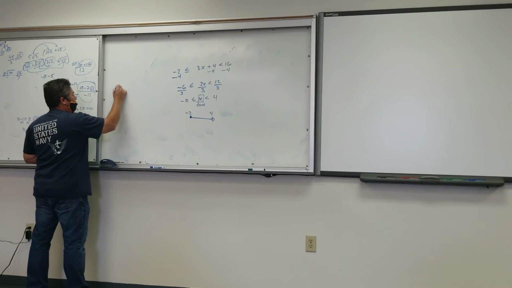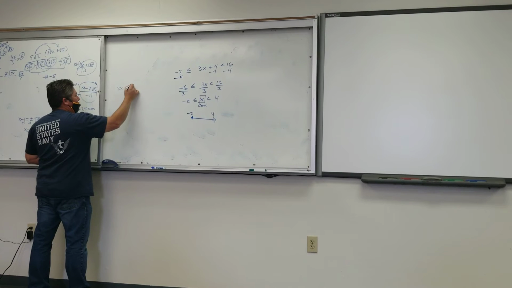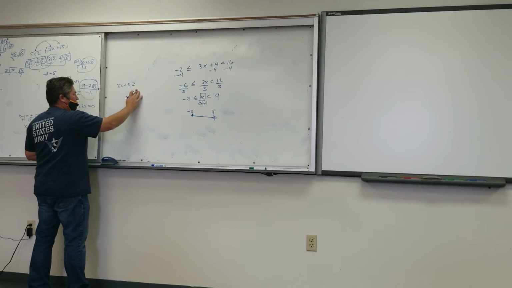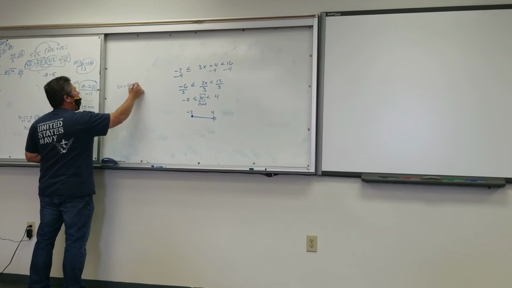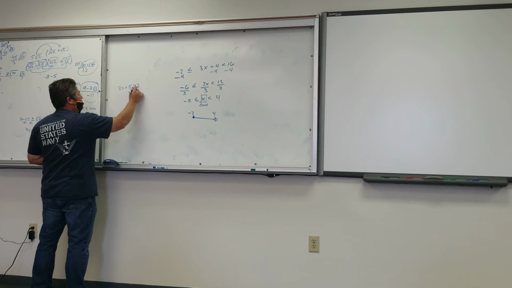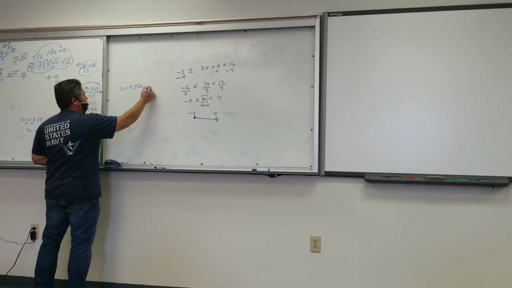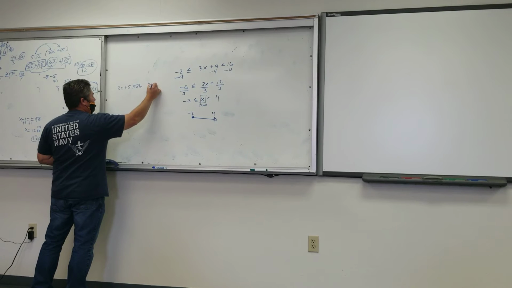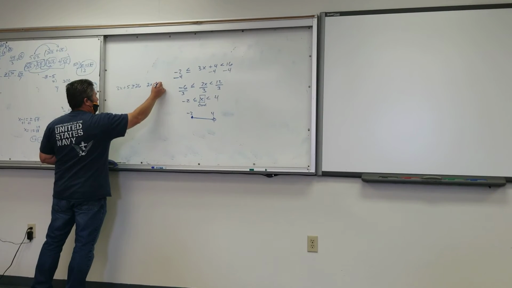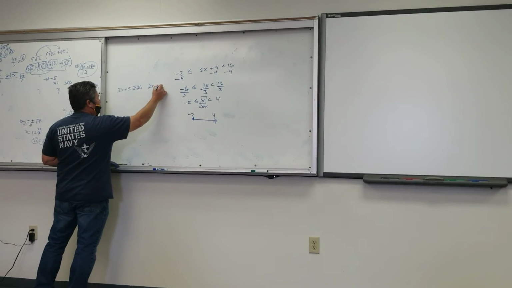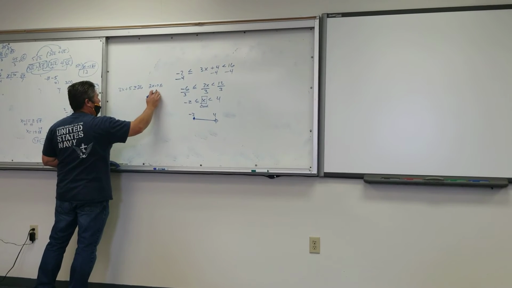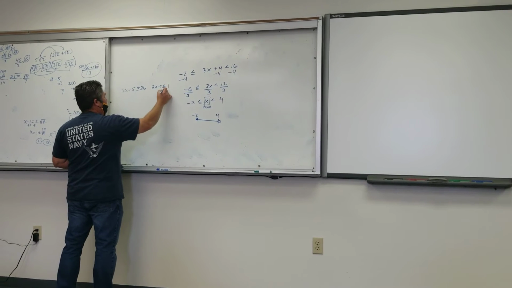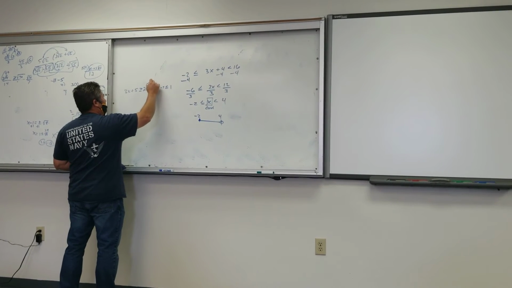So let's say I had 3x plus 5 is greater than or equal to 26. And then I have 2x minus 7 is less than or equal to 1.